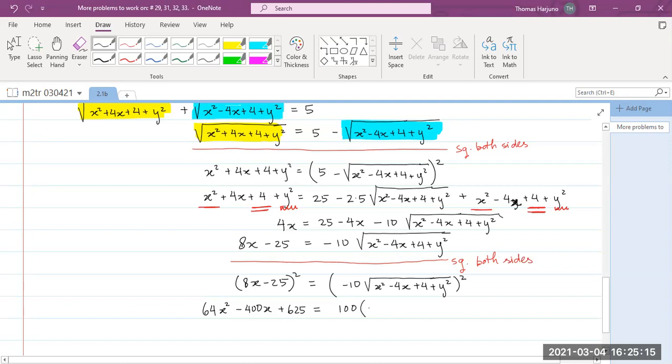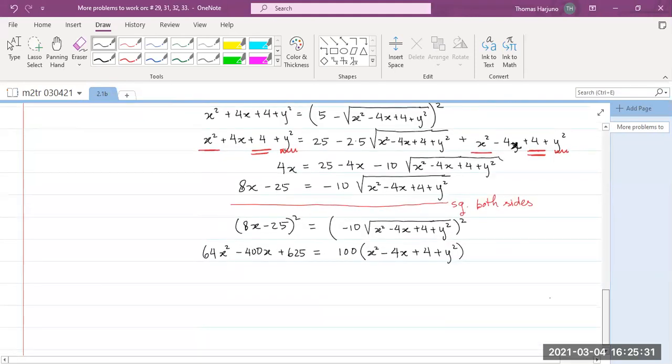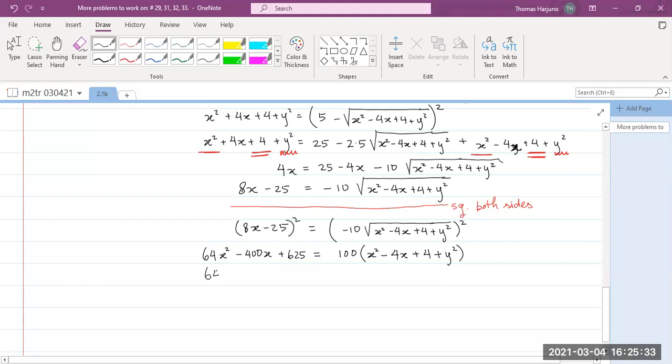Now the square root of that, I keep that in parentheses, but the square root disappears. Then we get 64x squared minus 400x plus 625 equals to 100x squared minus 400x plus 400 plus 100y squared.